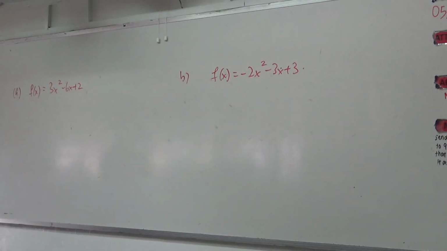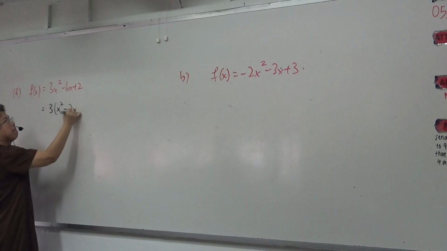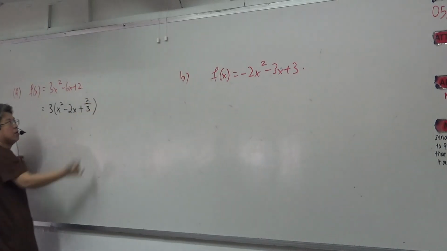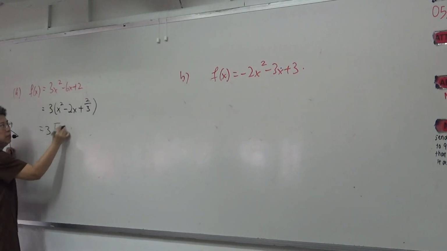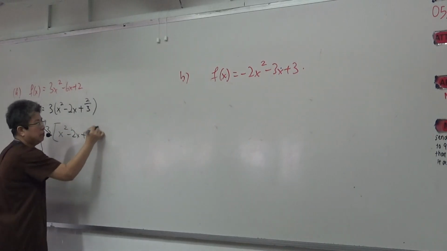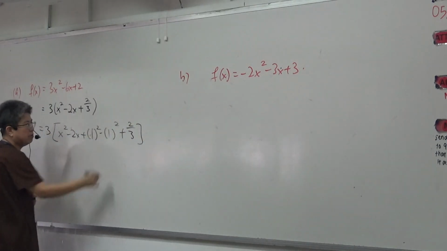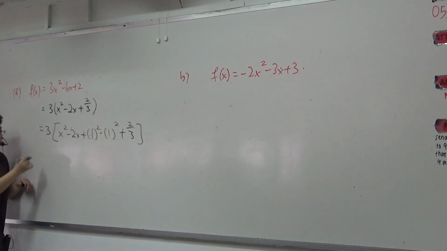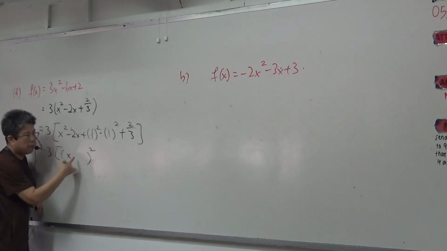All of you look up. This one cannot complete the square yet. I must take out what? 3. Agree? Then 3 stays here. This is a 1, right? Correct. Now I want to know, x squared, plus or minus?